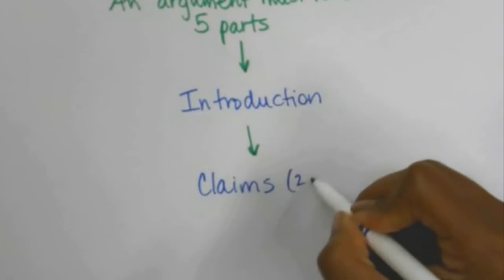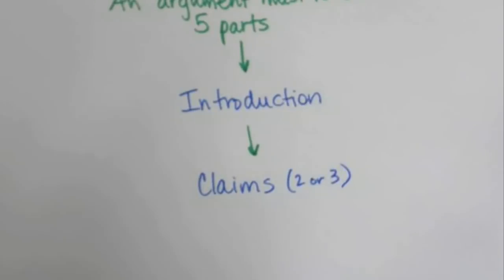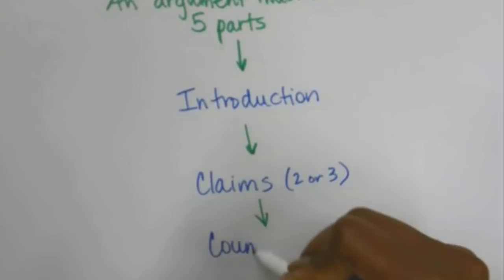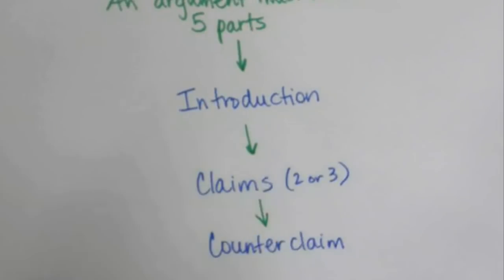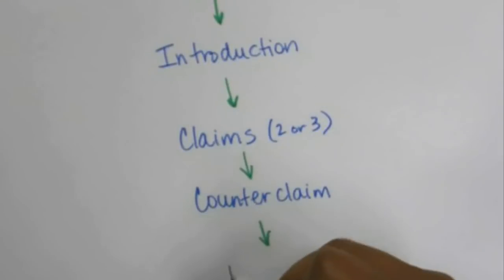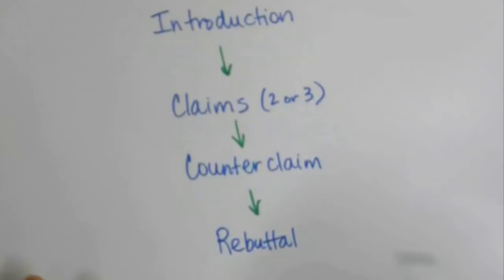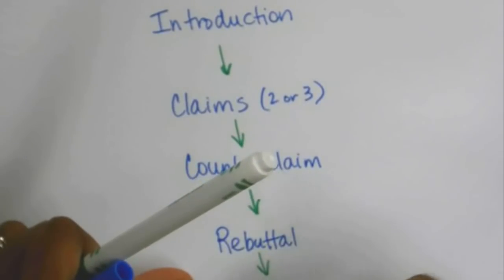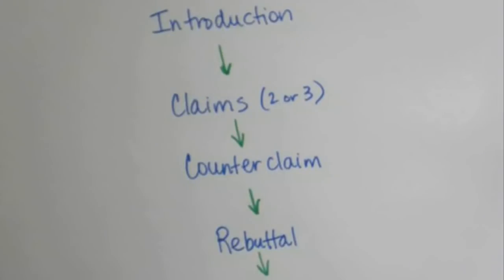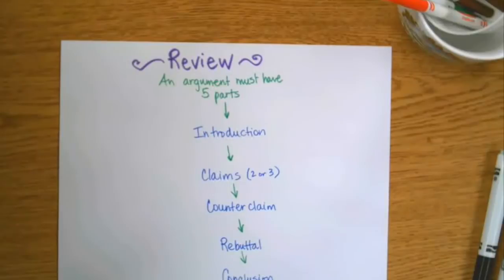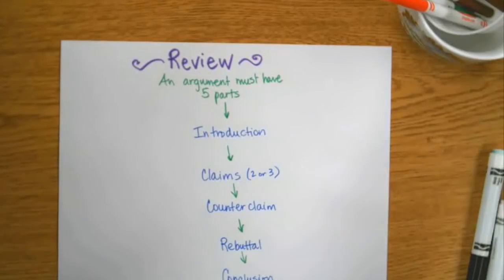Moving on, you're going to make sure you include a counterclaim. The counterclaim is your way of addressing the opposing side. After that, you would have a rebuttal. The rebuttal is your way of showing that that opposite side is definitely weaker. And to round everything out, you would end with a good conclusion to signal the reader that you are finished.